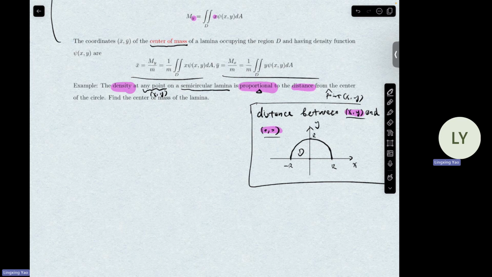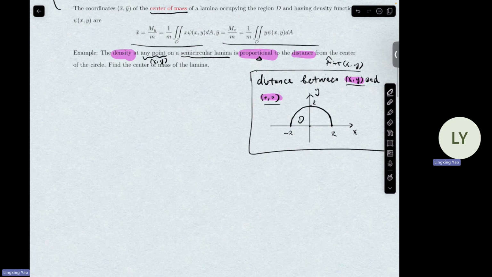Then we have one thing to continue our discussion, which is the density function. If you want to use this coordinate system to represent the density function, what do we do? First of all, the density rho is a function depending on where you look on this lamina. Since we are introducing this coordinate system, rho(x, y) is a function.